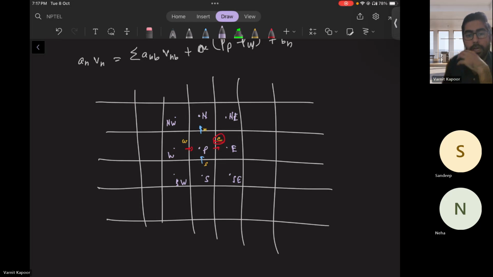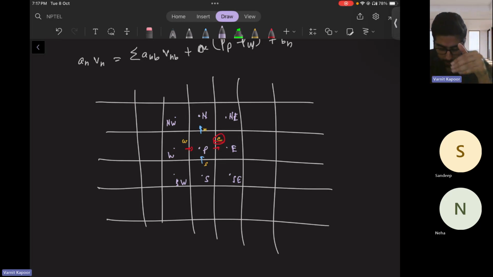Again, they have faces. Is it clear which face we are dealing with? That face has the corresponding neighbors. East face has P, E, the north, northeast, south, southeast. Similarly for other faces also.